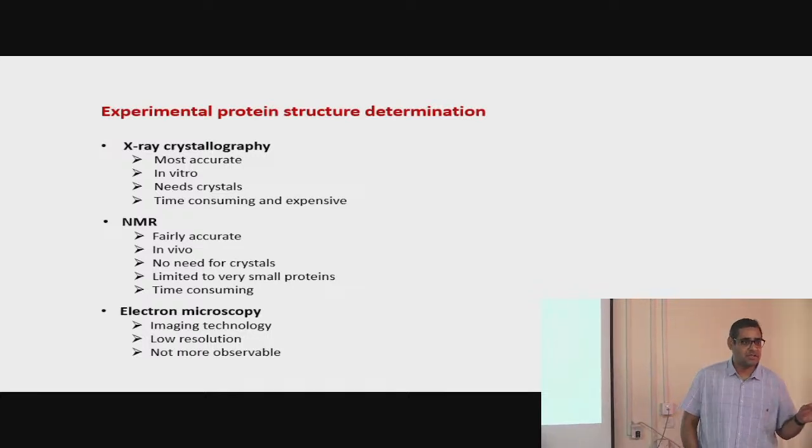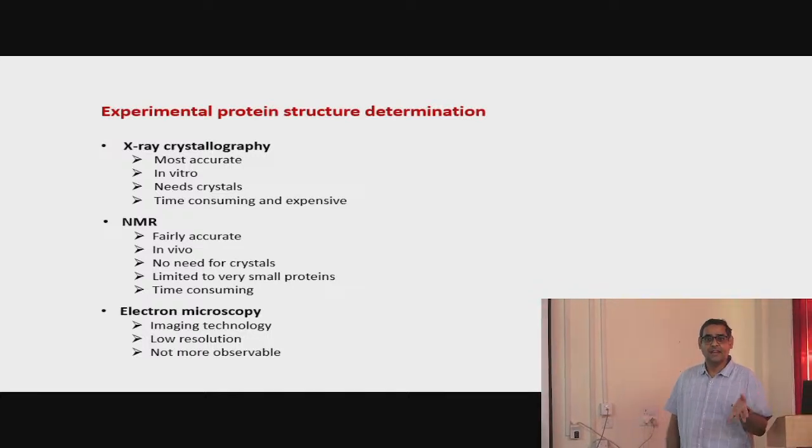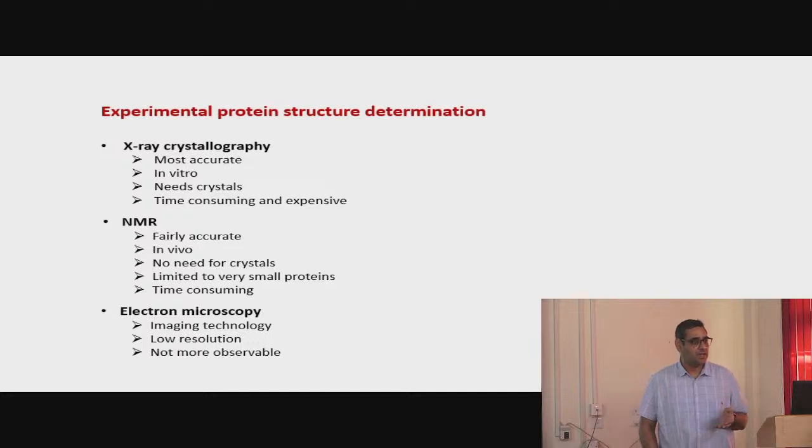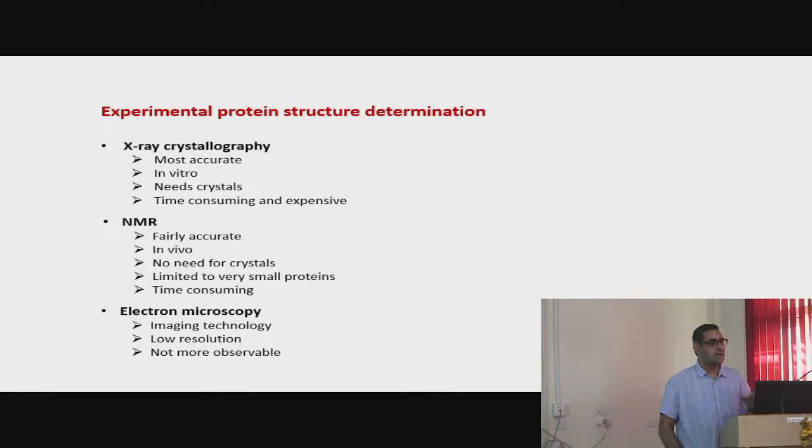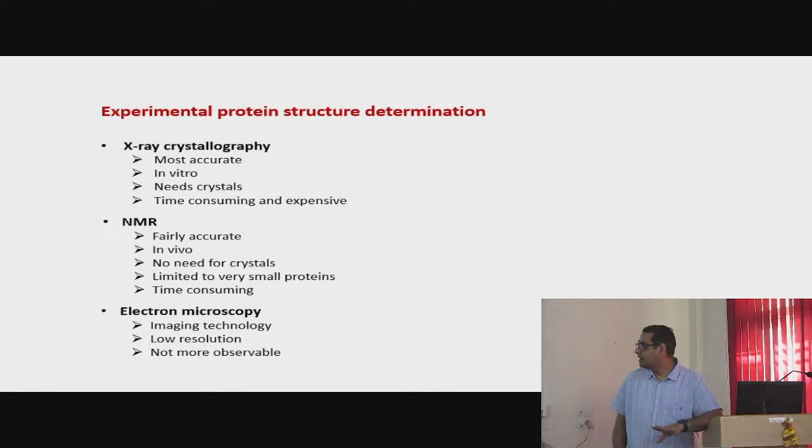I will show you some electron microscopy images also. If you are looking at protein-drug interaction, protein modeling or protein crystallization, whatever you are looking at, electron microscopy is an imaging technology. So you can get only the images and you can understand them and make legends.